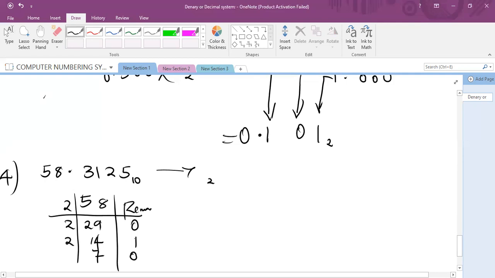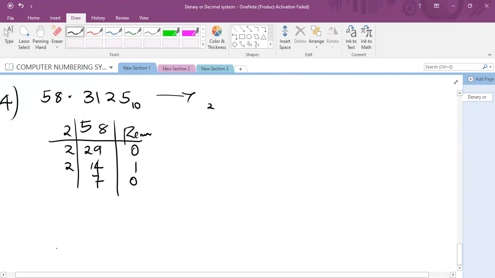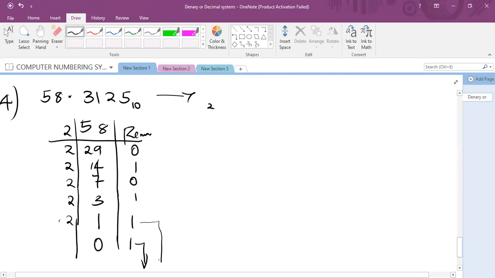If we divide 14 by 2, we get 7. The remainder is 0. If we divide 7 by 2, it goes there 3 times. The remainder is 1. If we divide 3 by 2, it goes here 1. The remainder is 1. And then if we divide 1 by 2, it goes here 0 times, the remainder is 1. So the answer is going to be given in this form.